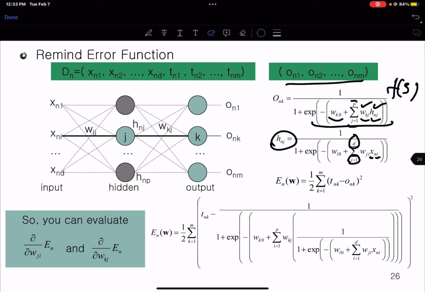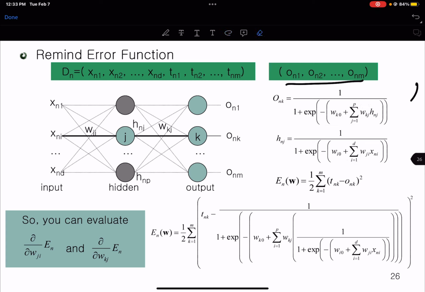So for now, we are just tracing and setting up for understanding backpropagation. o n k will have all the weight values multiplied by the H values.